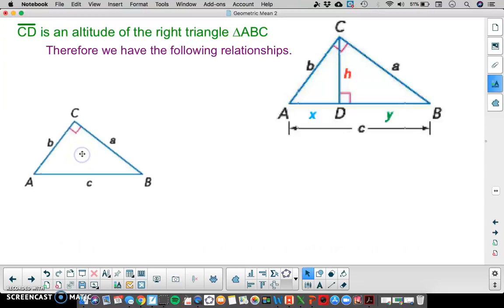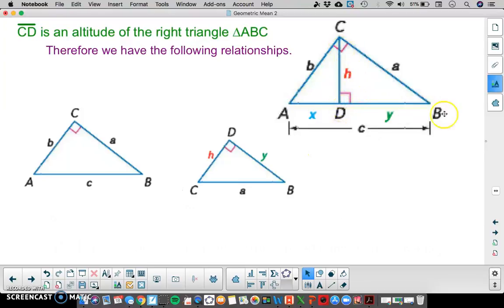We have the larger triangle ABC that has lengths A, B, and C. We have a smaller right triangle inside, BCD, where BC is length A, which is the exact same as the length A in the big triangle.